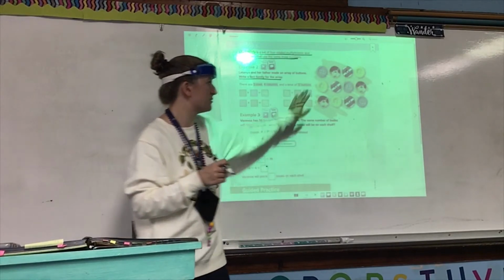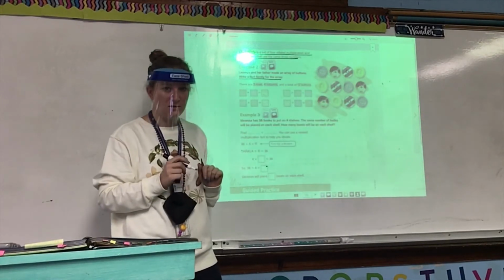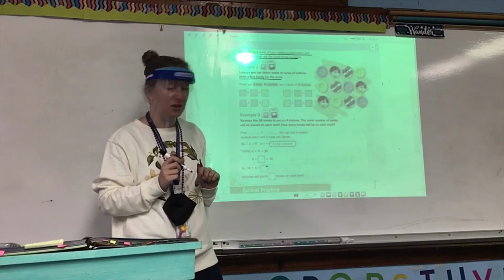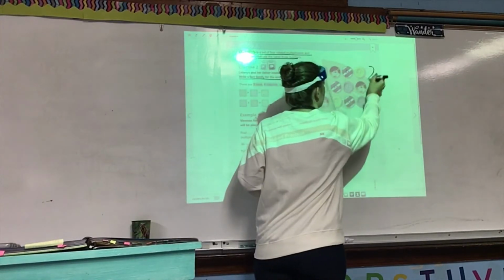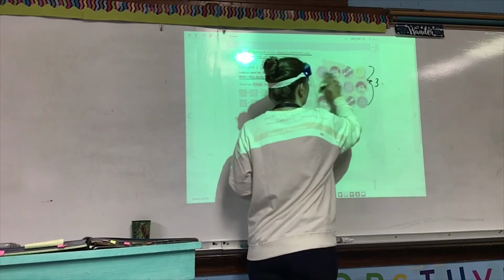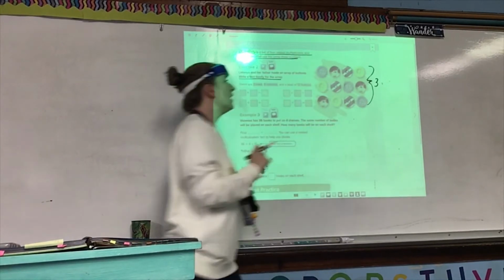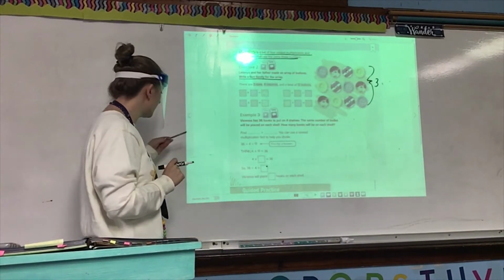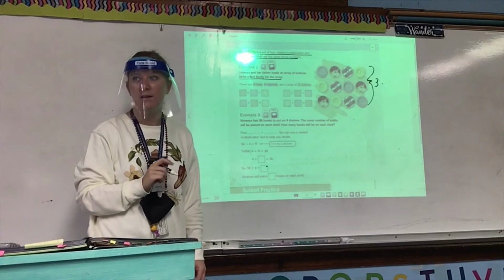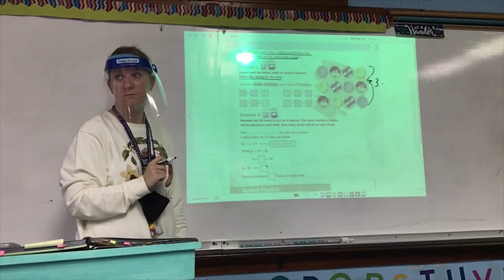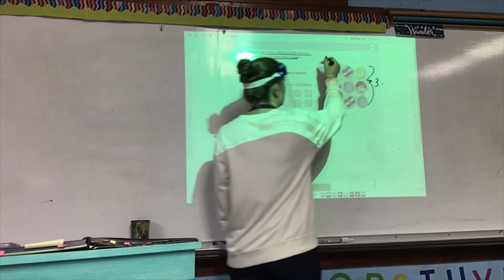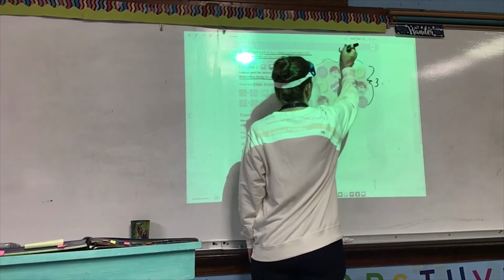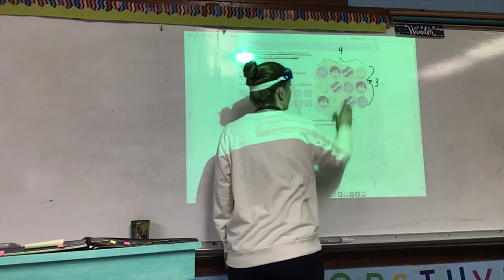Zari, how many rows do we have? 3. We have 3 rows. We have 1, 2, 3. Now we have to figure out how many columns do we have? Victoria? 4. 1, 2, 3, 4.